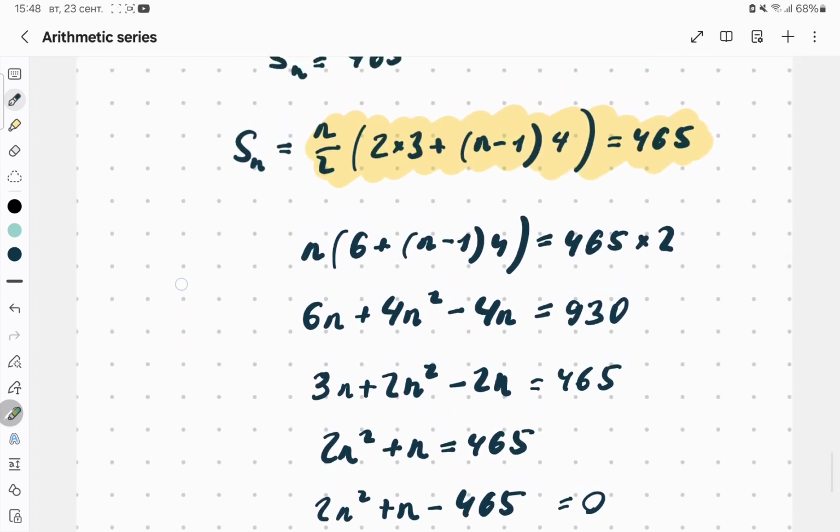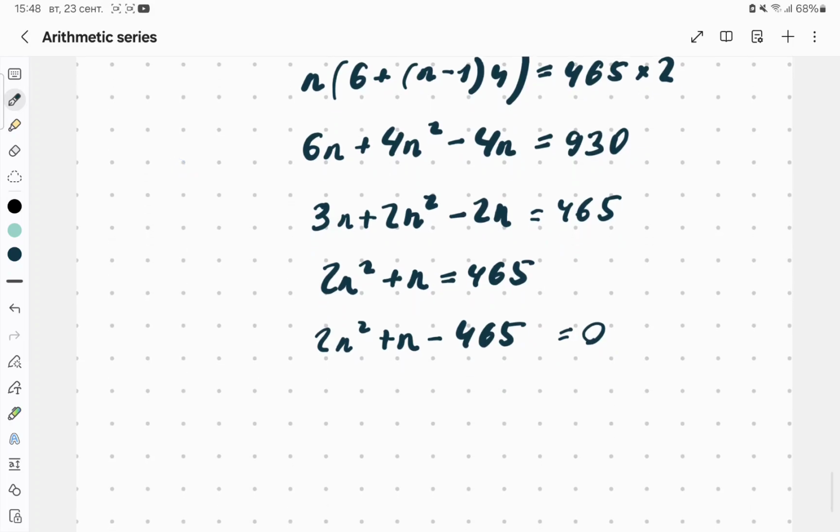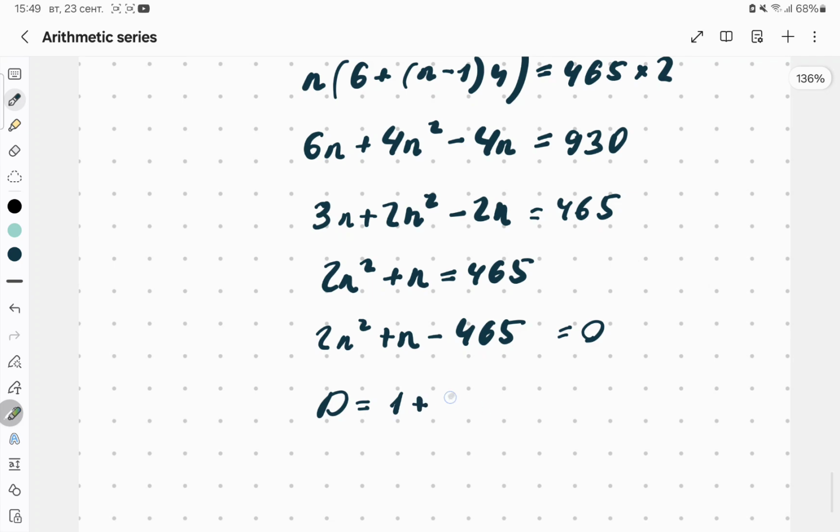Okay, so 465 is divisible by 3. So we can use the denominator, for example, or you can solve in any other way you wish. Okay, and that's how you will get an answer. So for this case, let's find the discriminant. 1 plus 4 times 2 times 465.